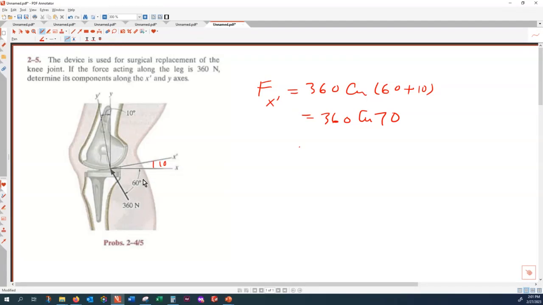I need to account for 60 degrees. So this is y. That is the triangle. This is fx, this is fy. So fy is 360 multiplied by sine 60.